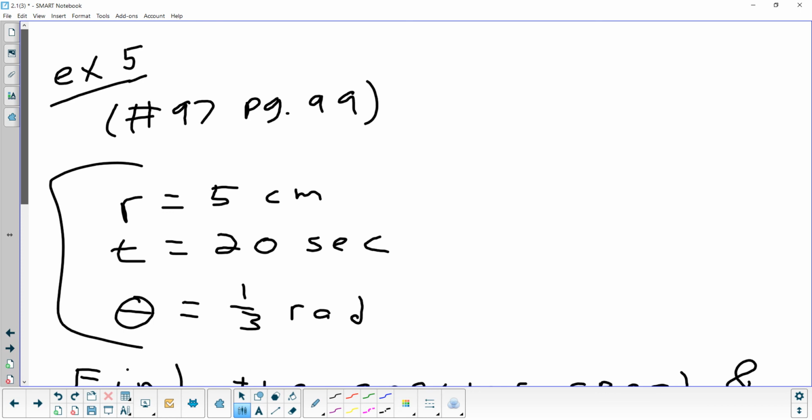Frankie, what do you think the R stands for? What do you think the R stands for here? This R. What is that? The radius. Yeah. R is going to stand for my radius.